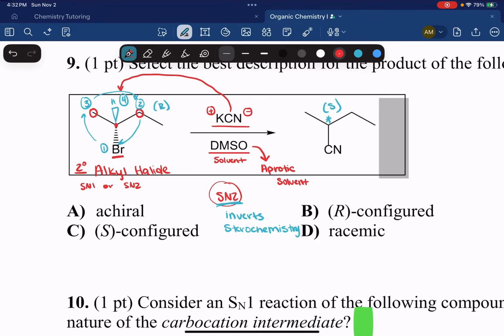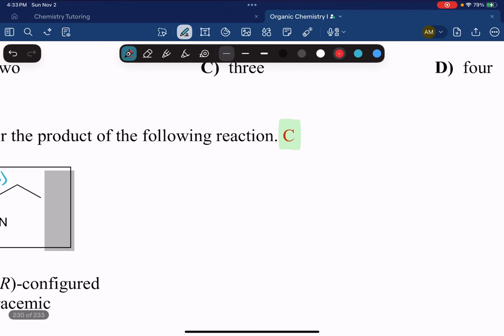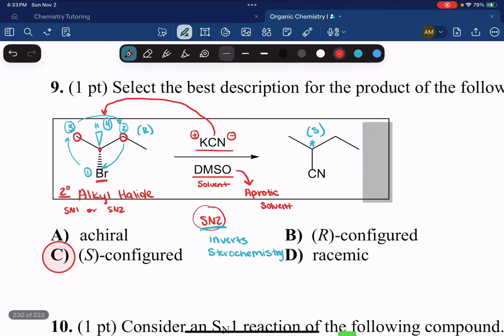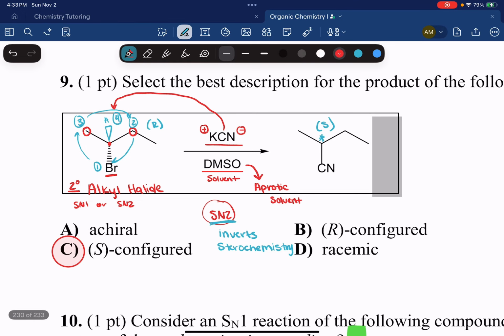And that is C. Okay. I hope that made sense. There's a lot of rules to memorize as far as the chemistry goes. And it's a lot. But SN2 inverts the stereochemistry because it does a backside attack.